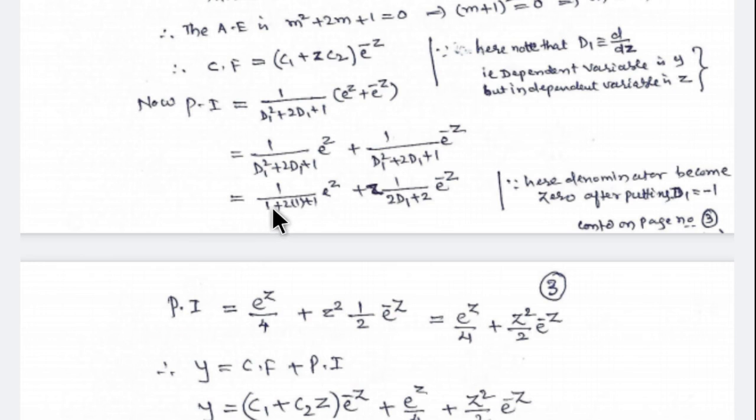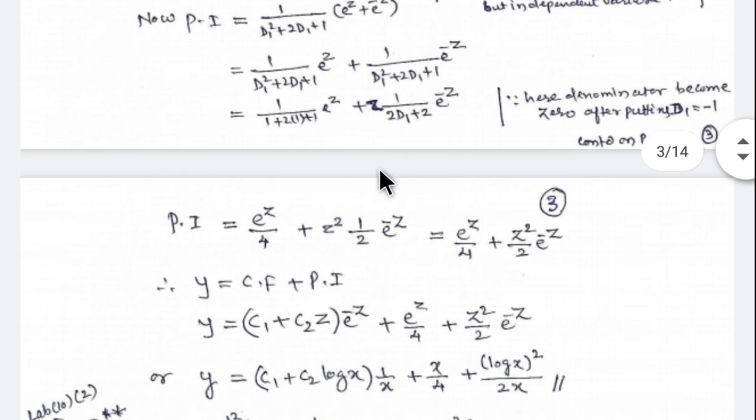If it is not 0, you can substitute. For e raised to z, D1 is replaced by 1: 1 square plus 2 into 1 plus 1 is not 0, so you can substitute. For e raised to minus z, replacing D1 by minus 1 gives 1 minus 2 plus 1, which is 0. So you multiply by z and differentiate the denominator with respect to D1, getting 2D1 plus 2.